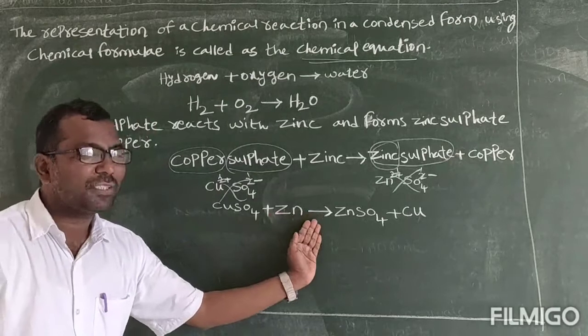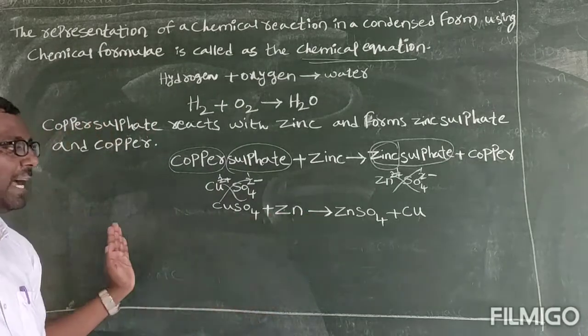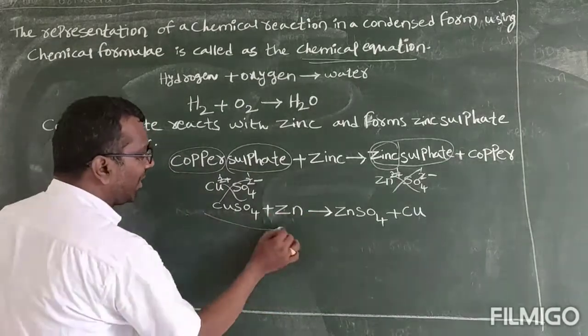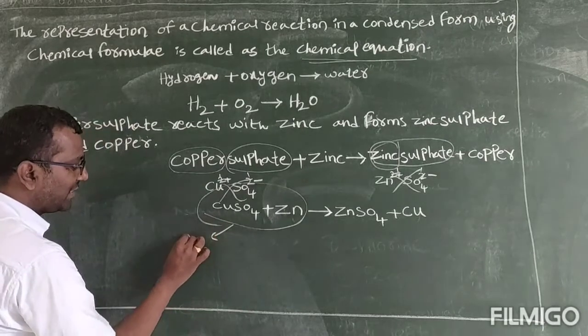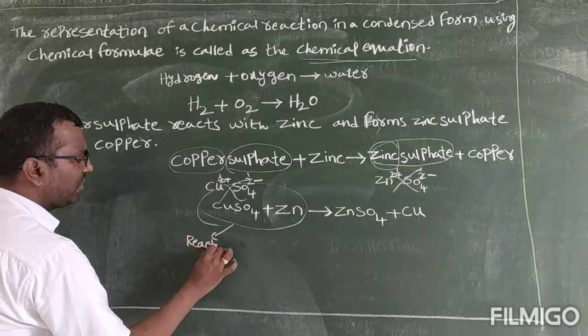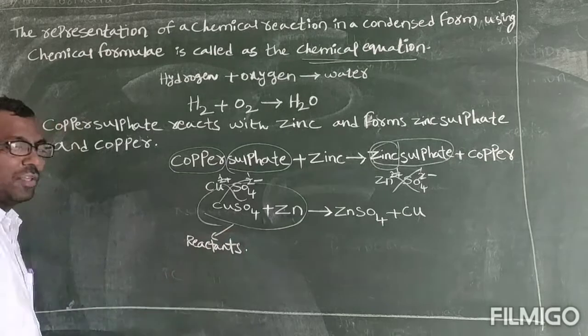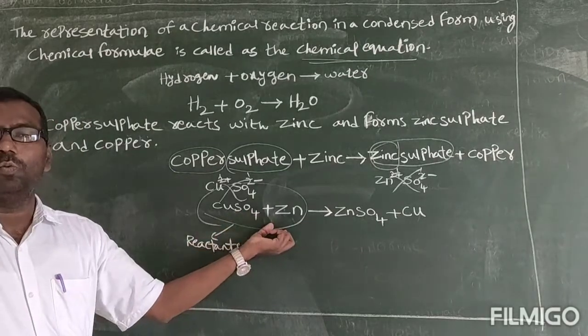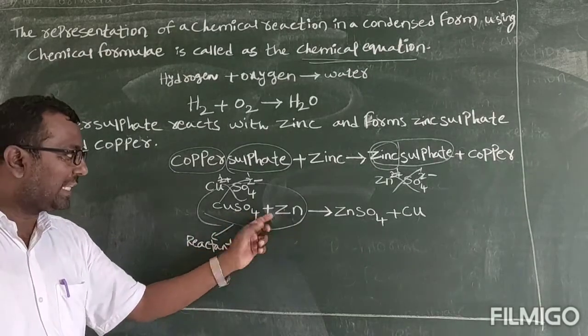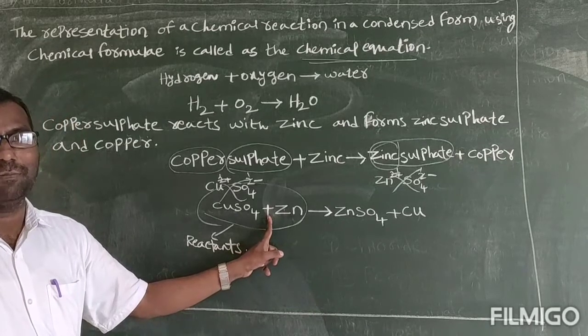Here the things which are written on the left hand side, these are called as the reactants. If more than 1 reactant is there, they are separated by the plus symbol.